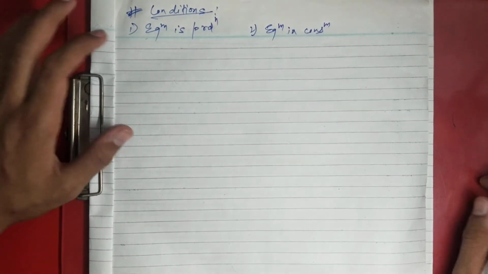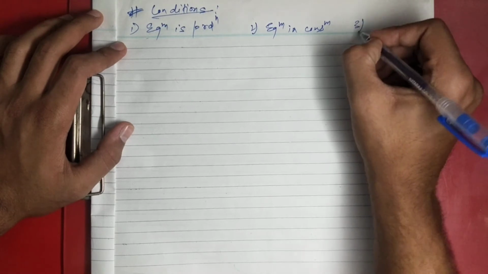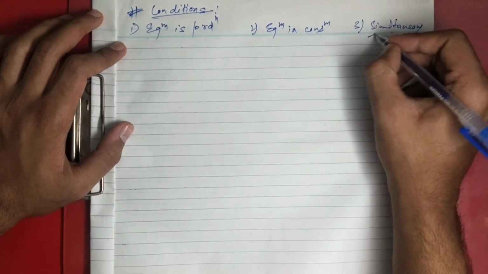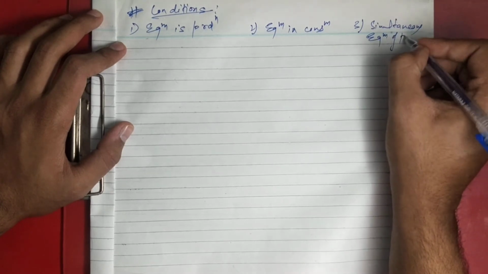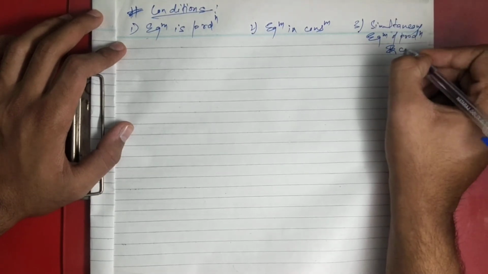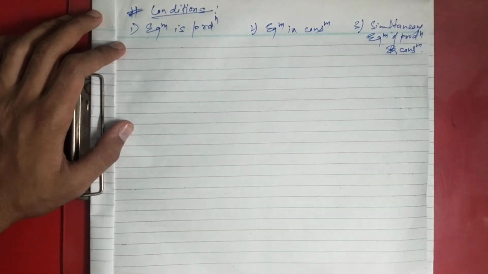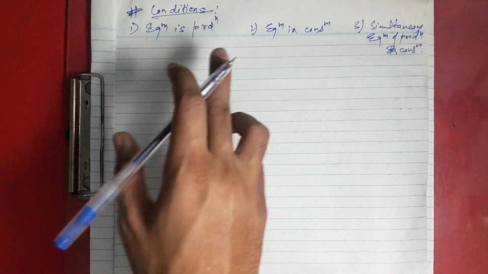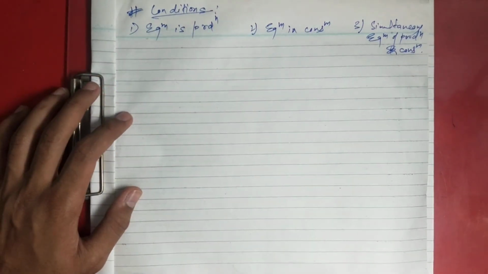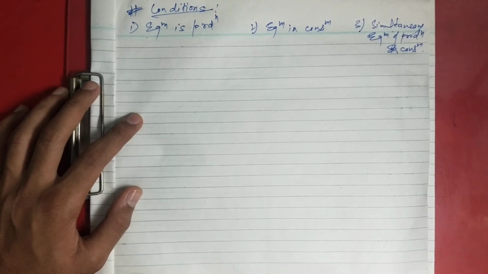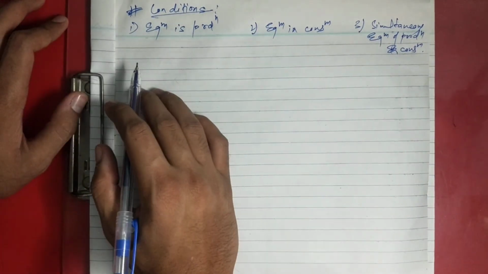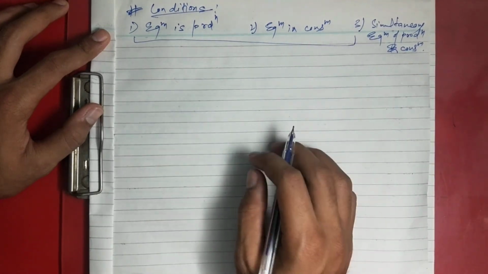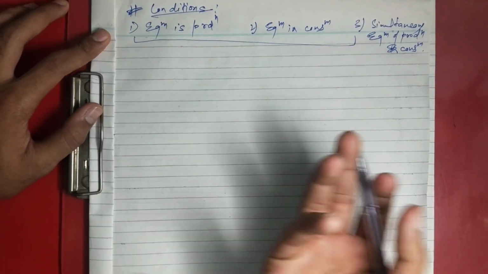Easy. And the third one is simultaneous equilibrium of production and consumption, of the first and second one. So there should be equilibrium of production and consumption simultaneously. Okay. So now if these three conditions are fulfilled, what do we call it?